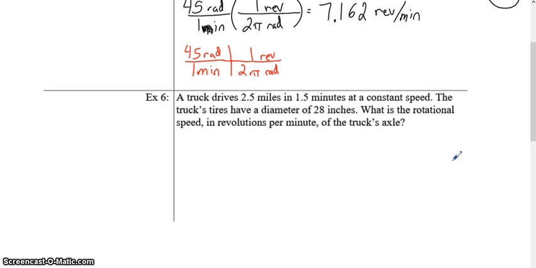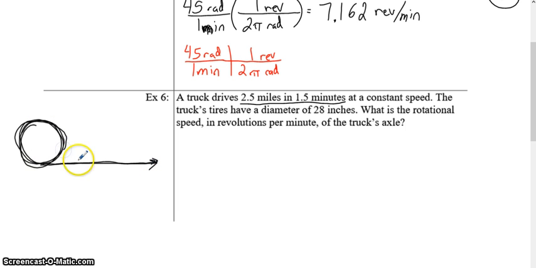Now, 6. So we know, okay, we get a miles per minute. Now, what's that? Well, how do we get miles? Well, think about it. A truck tire. As it's rotating around and around, what's it doing? It's traveling that way. So this linear length is really just that tire going around and around.